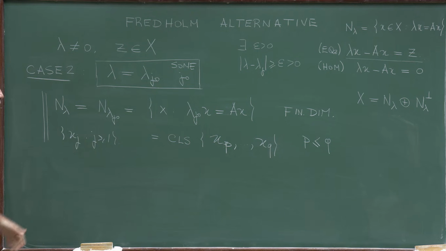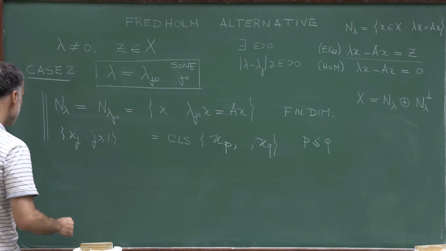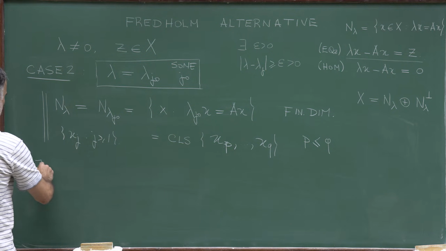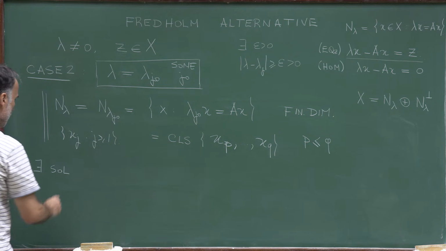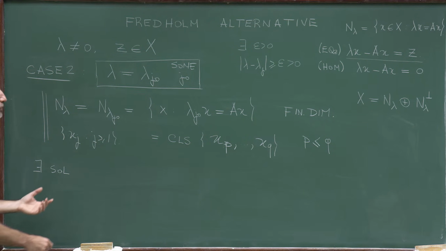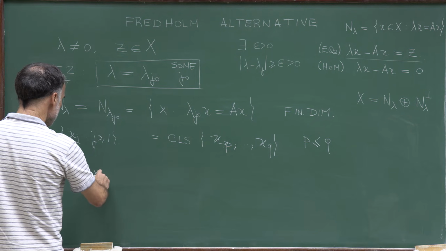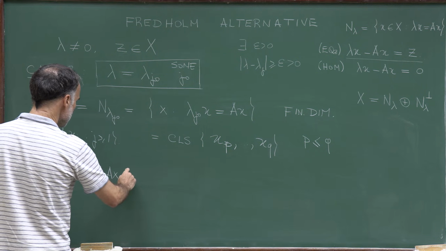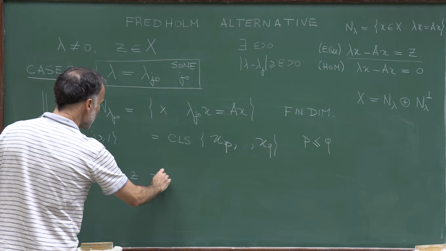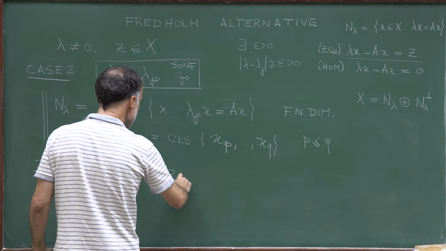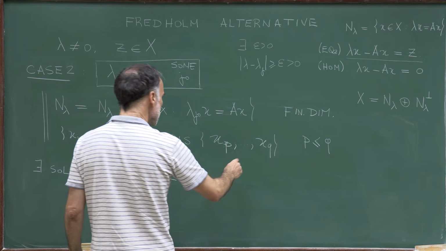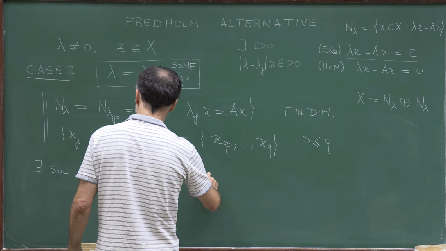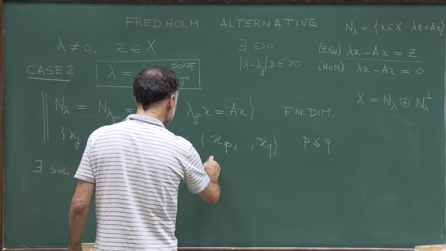So now let me prove the theorem. The theorem requires me to prove that there exists a solution of the equation lambda x minus Ax equal to z if and only if z belongs to the orthogonal space of N_lambda_j0.